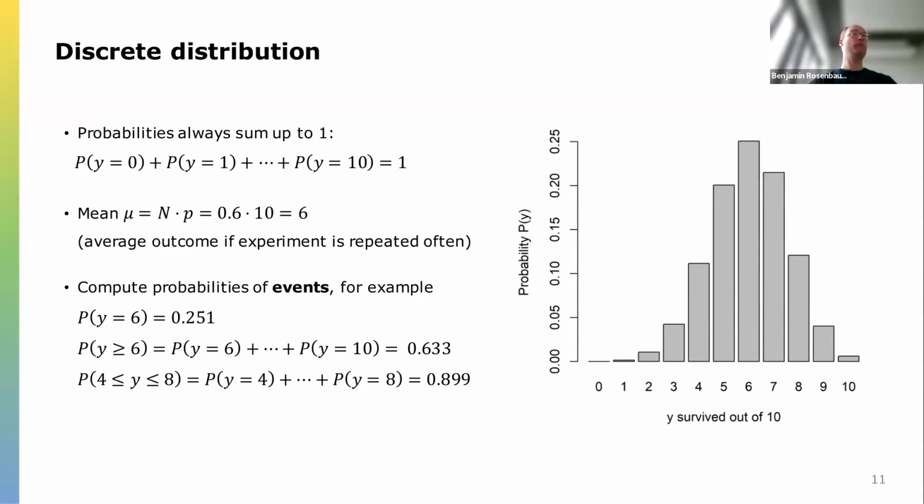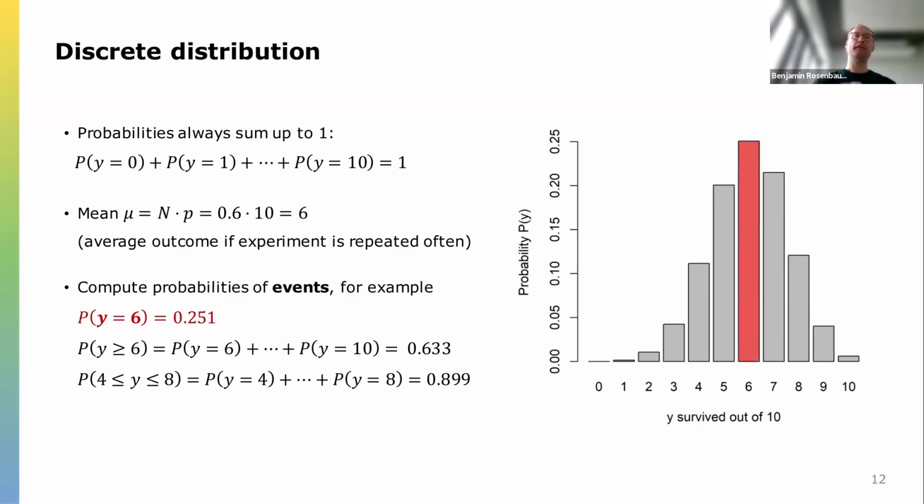There are other properties of this distribution. For instance, we can calculate the mean. Here, the mean is given by the size times the average survival rate. So the average outcome, if this field experiment is repeated often, is 6.